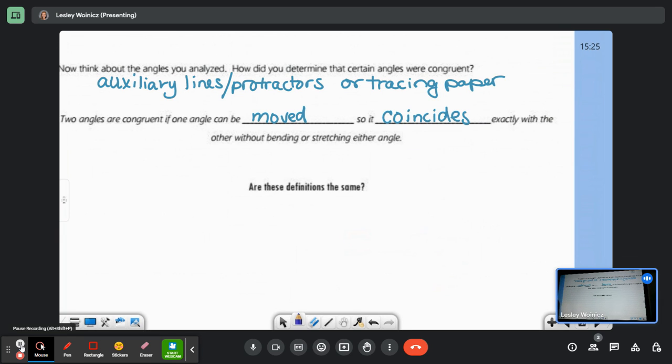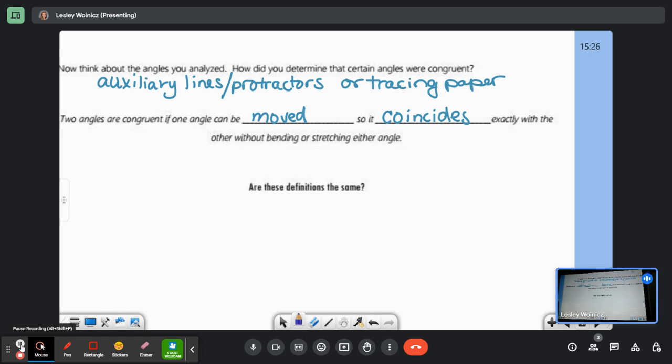Go ahead and try tracing one of the segments you know is congruent to another. Okay, so you can use the tracing definition on the segments. And we measured the angles, so we know that the measurement definition works for the angles, right? So we can use both of the definitions. They are both the same.